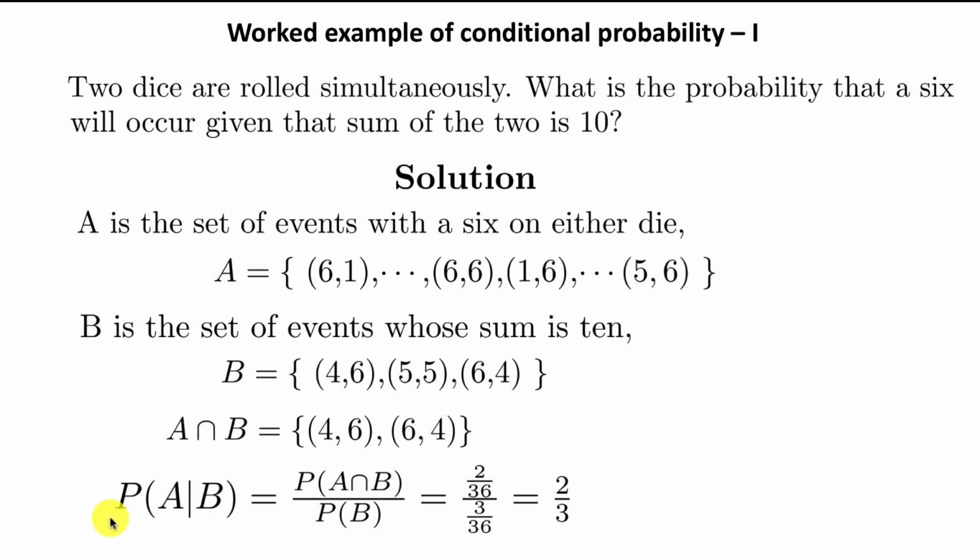Well, then the probability of A given B is then, by definition, this probability divided by P of B, and that's 2 out of 36, whereas the probability of B is 3 out of 36. And so the answer then is obviously 2/3. This is a clear and obvious way of working out problems on conditional probability.